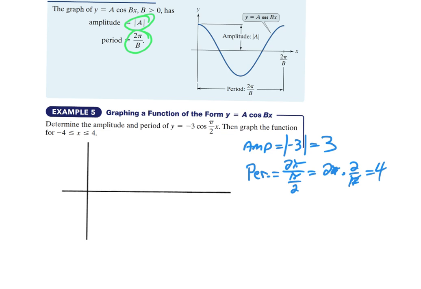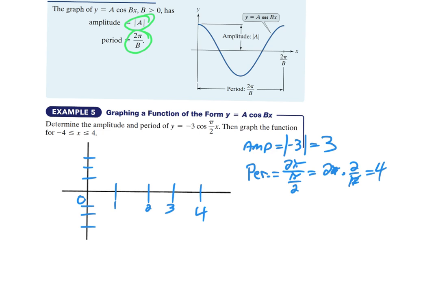So in this period, we do not have pi's in our graph. So here's 4. So my 5 key numbers will be 0, 1, 2, 3, and 4. My amplitude is 3. And again, since we're dealing with a cosine function, we have to reflect across the x-axis.